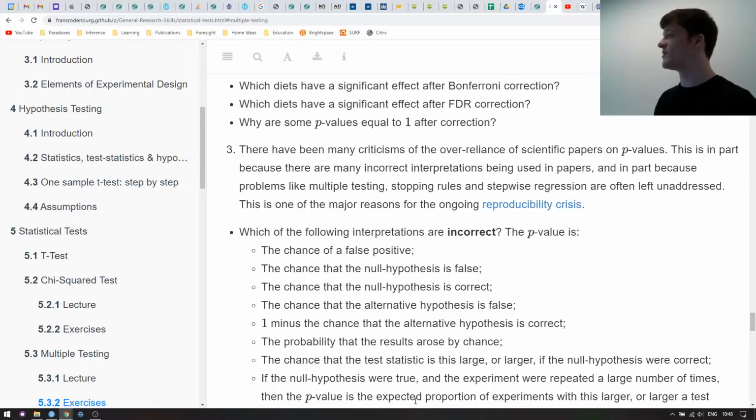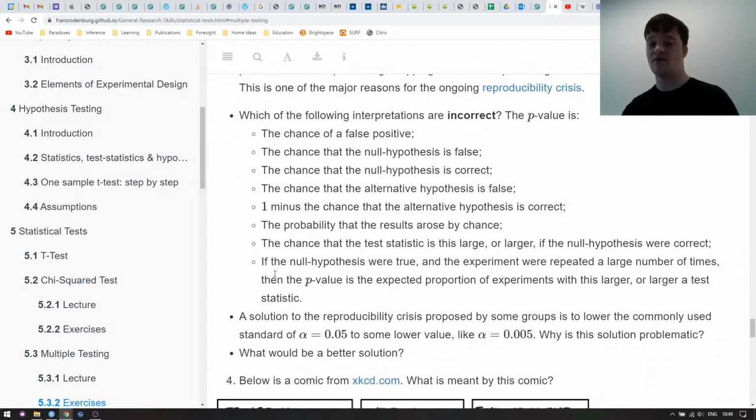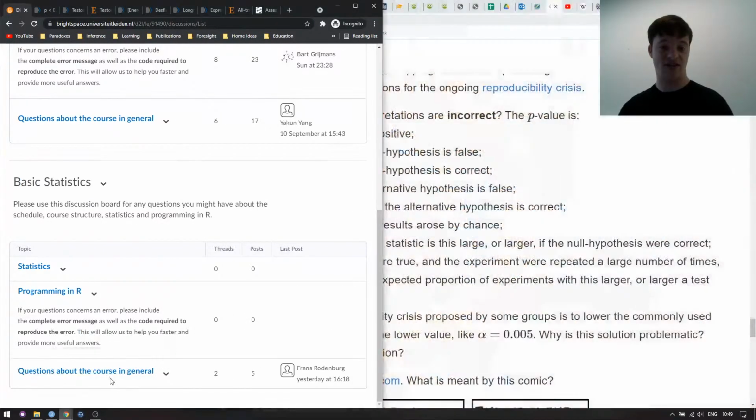Just make sure you know the correct interpretation by heart, because there are a lot of wrong ways to interpret it, like the chance that the null hypothesis is true, which is not what the p-value means. So we can talk about that tomorrow. If any of these sound to you like they could be correct, even though they're not, then we can talk about that tomorrow.